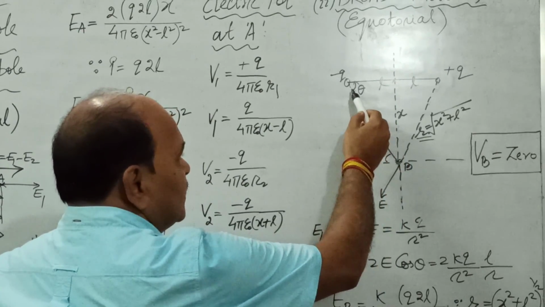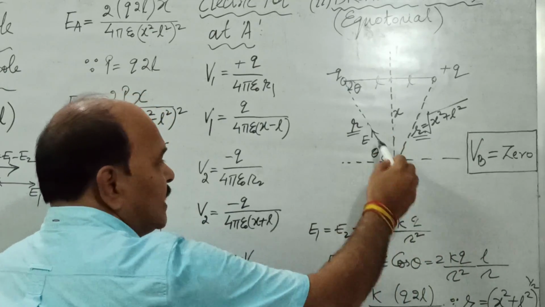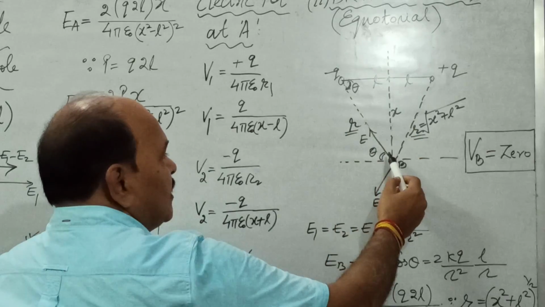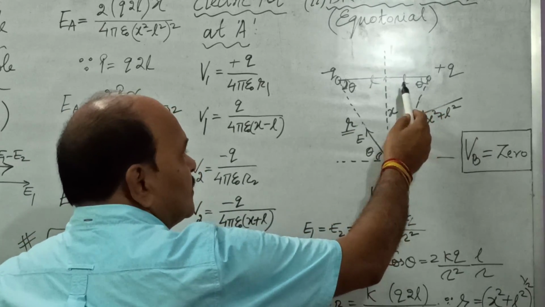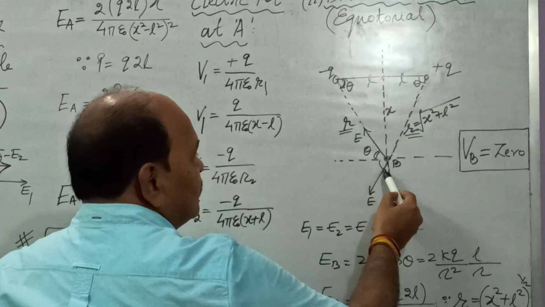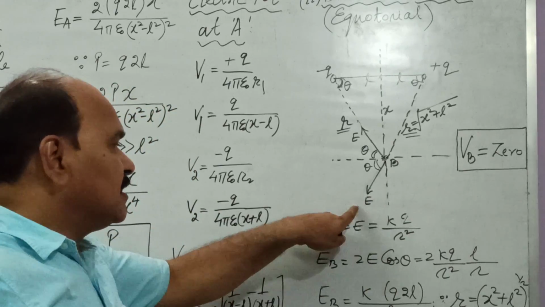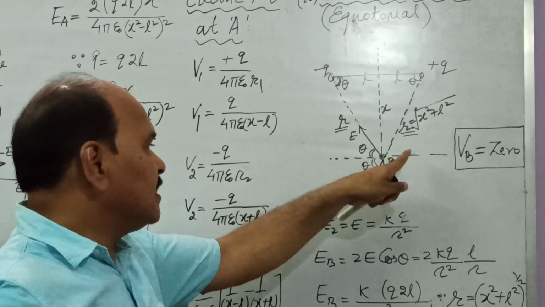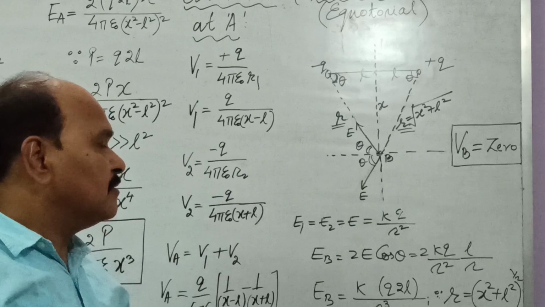These are two parallel lines with a line intersecting them, therefore these two angles are theta. If this angle is theta, this angle is going to be theta, isosceles triangle. That means this electric field vector makes an angle theta with this axis, and this electric field vector also makes an angle theta with this axis, which is parallel to the axis of the dipole.